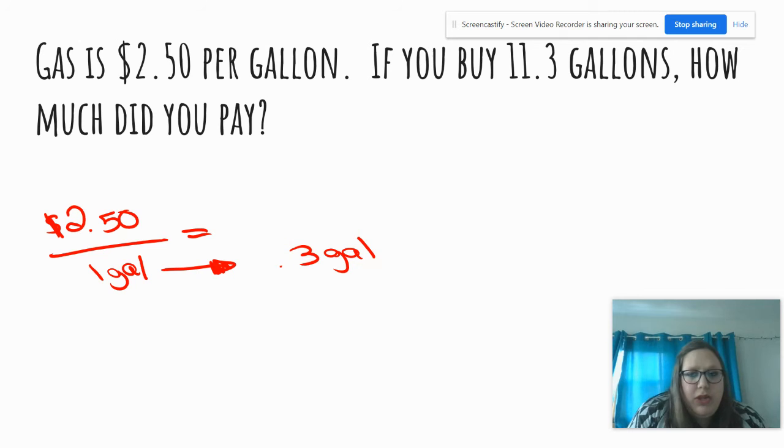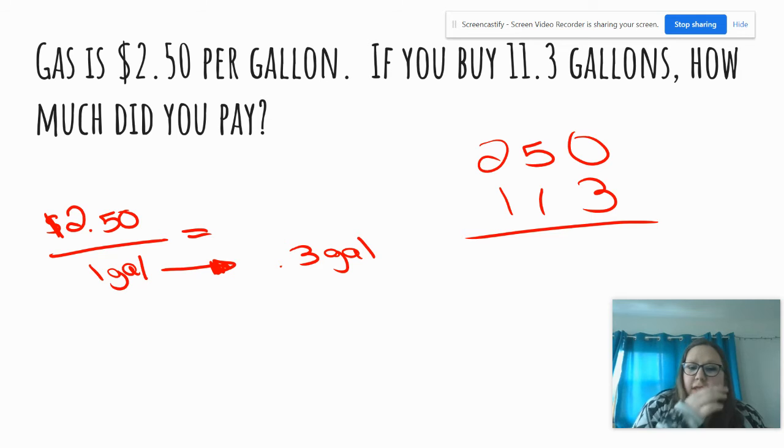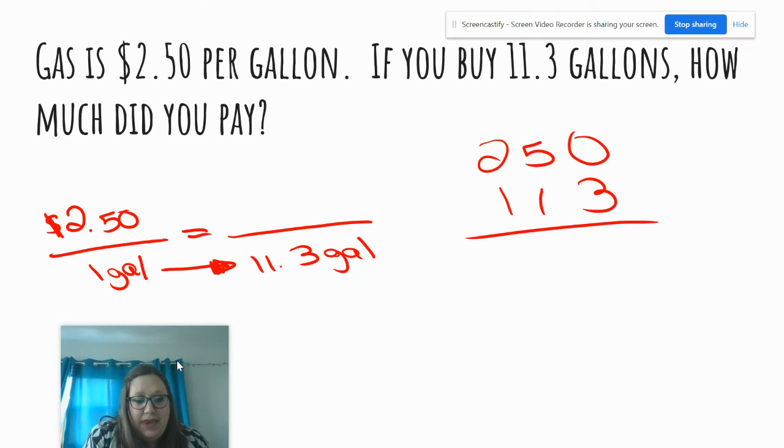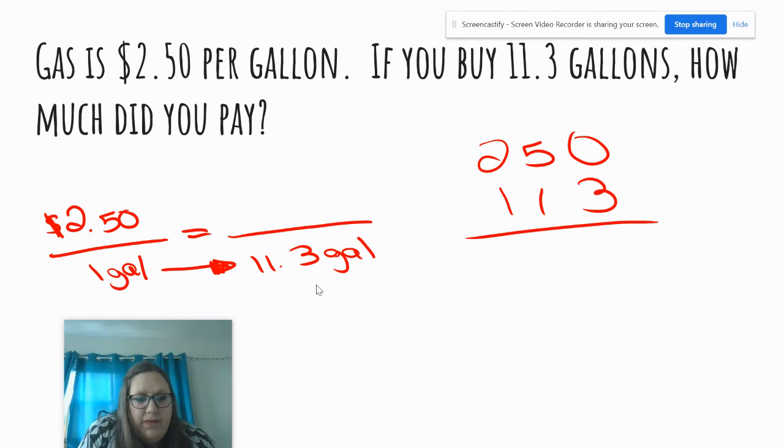So we are now going to multiply $2.50 times 11.3. I want you guys to notice that I am not even writing the decimal point, and I'm going to write that at the end, because I don't like confusing myself.